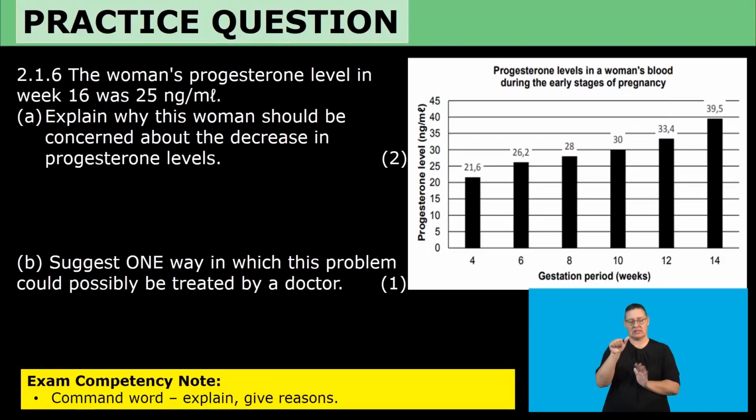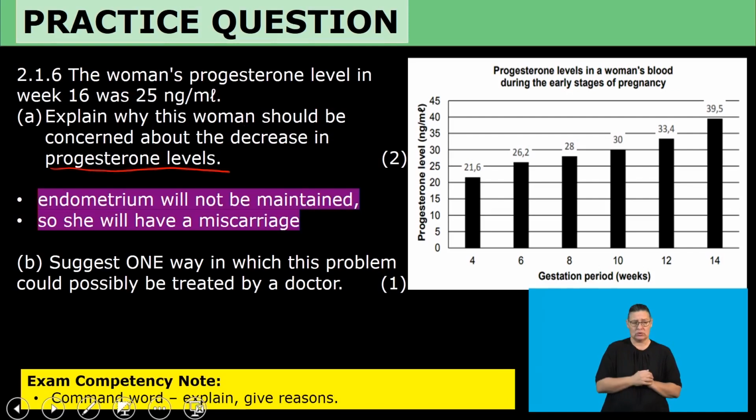2.1.6, the woman's progesterone level in week 16 was 25. And then A, explain why this woman should be concerned about the decrease in progesterone level. 2 marks. Endometrium will not be maintained, so she will have a miscarriage.